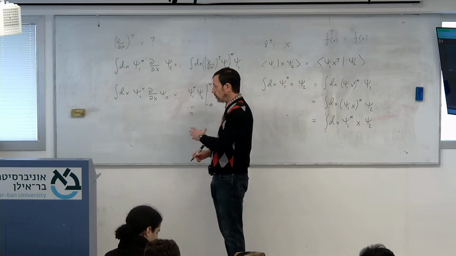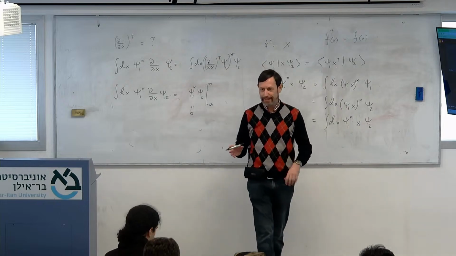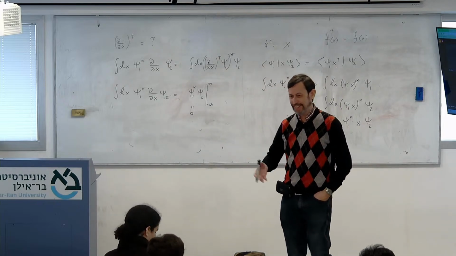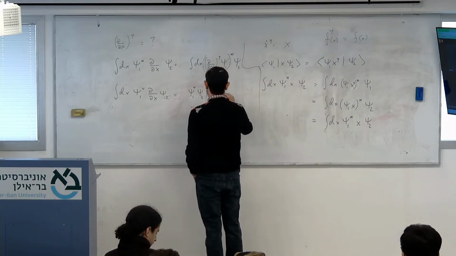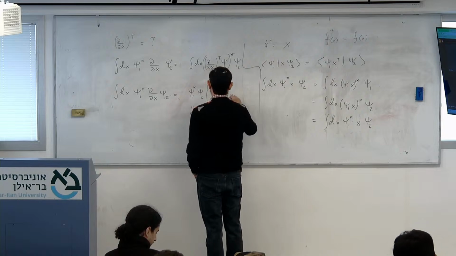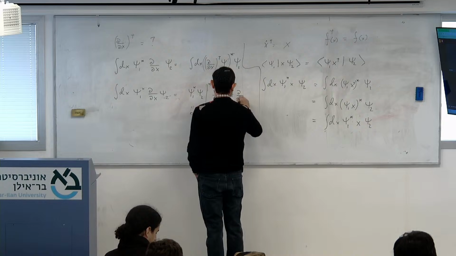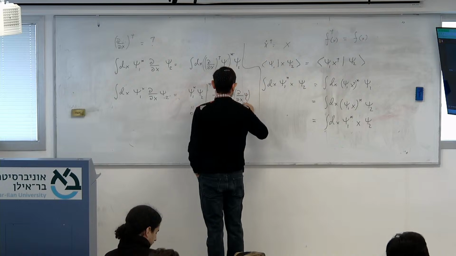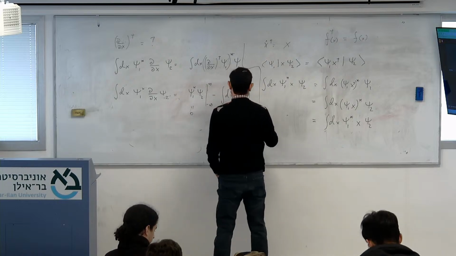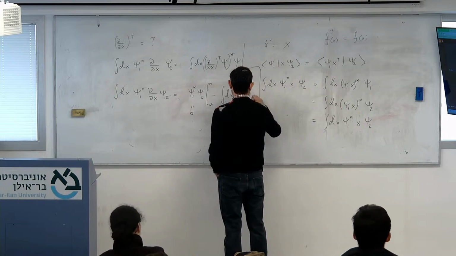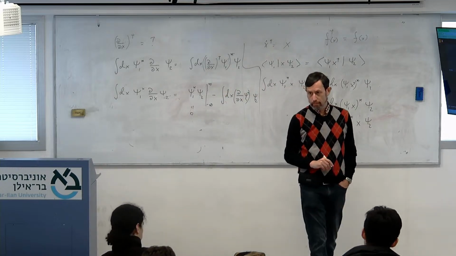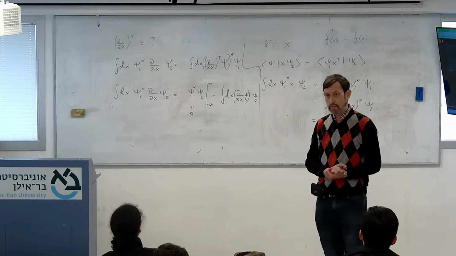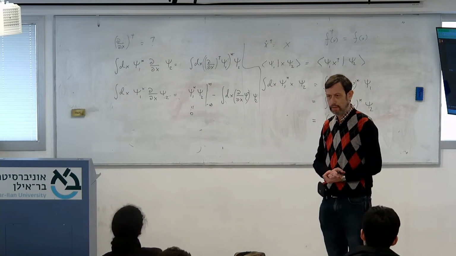So therefore, although specifically you're right, psi 1 has to be conjugate, but since it goes to zero, I don't care about it. And that's the second term in the integration by parts.